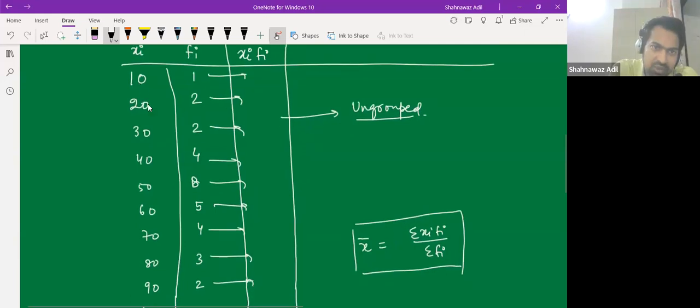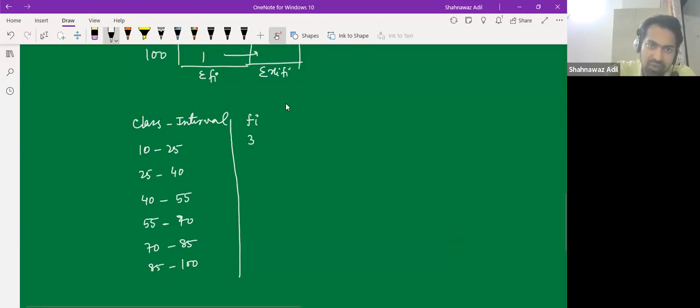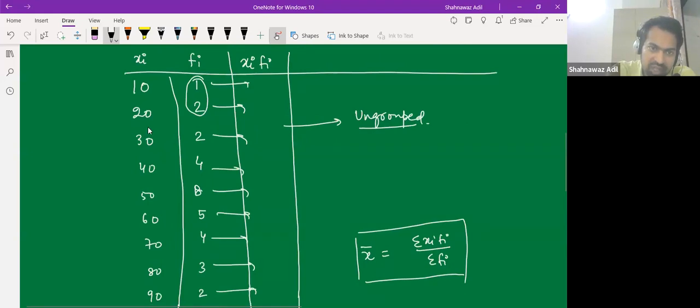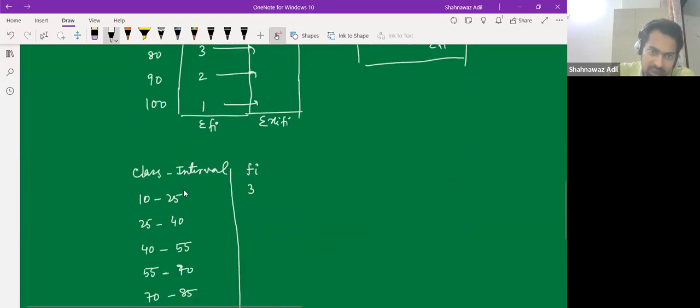Now from 10 to 25, what is the total frequency? It is 3. Absolutely right. Now from 25 to 40, remember we don't count the upper limit.